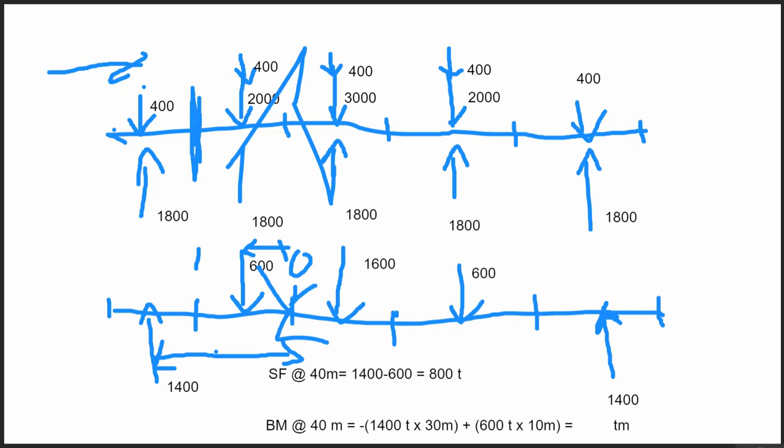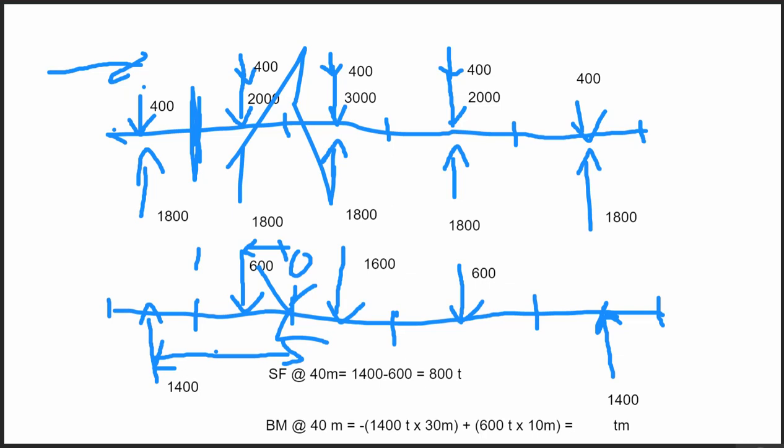If you're located one step further at 60 meters, for instance, then you need to counteract as a microbe all the external forces you're looking at: 1,400 minus 600 minus 1,600. The same principle, but then for the moments multiplied by the respective arms.